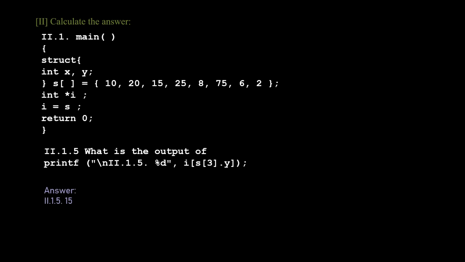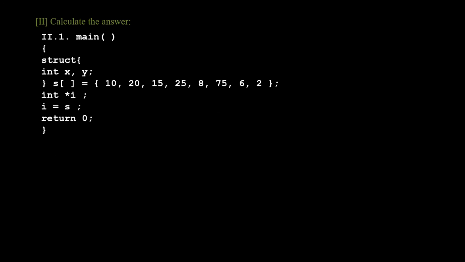So here, the structures array actually has 4 elements, right? 10, 20 is s[0], 15, 25 is s[1], 8, 75 is s[2], 6, 2 is s[3]. So s[3].y is 2, and then I[2] will be 15, because it starts from 10 and then 20 and then 15. So that is how I[2] is 15.